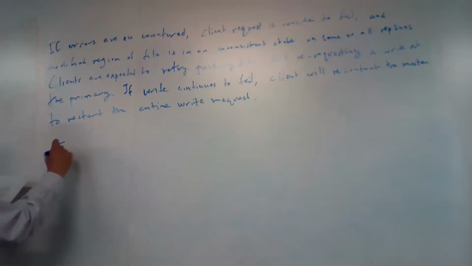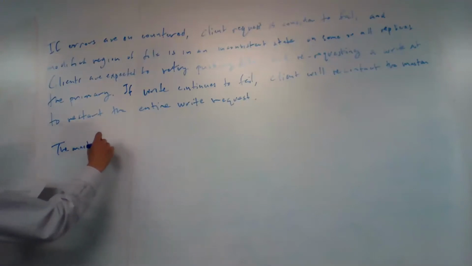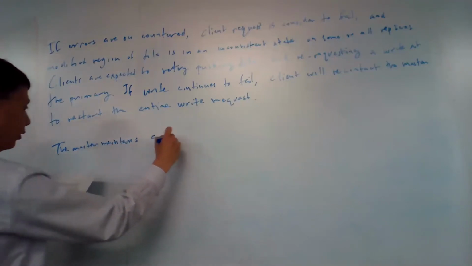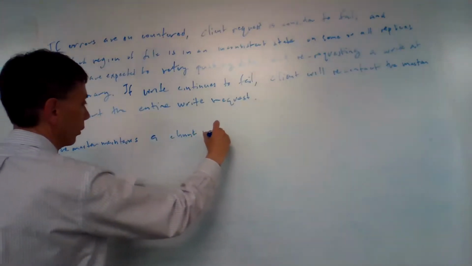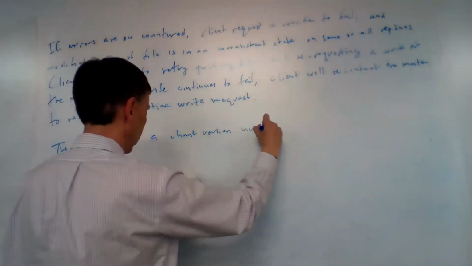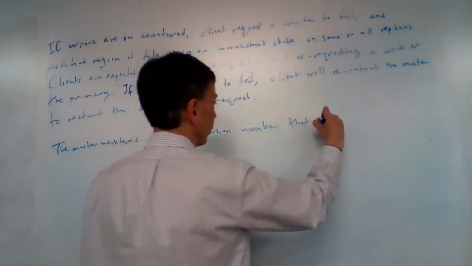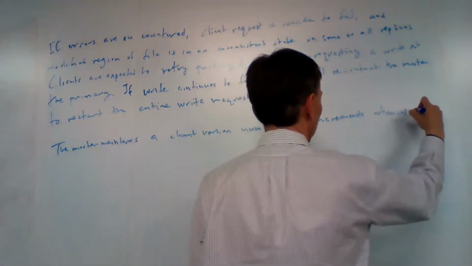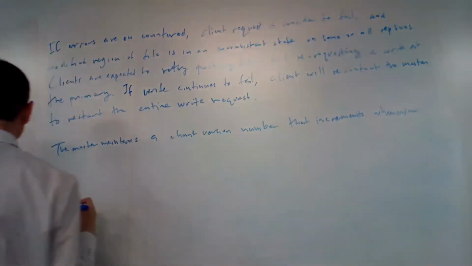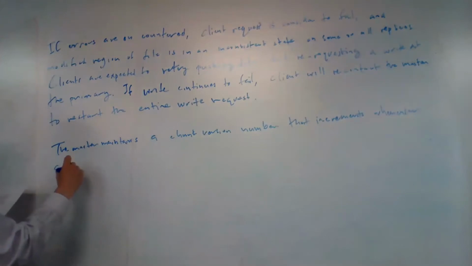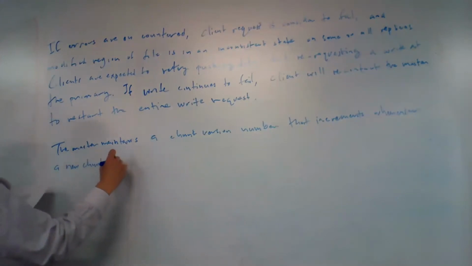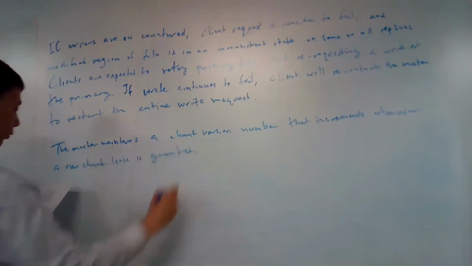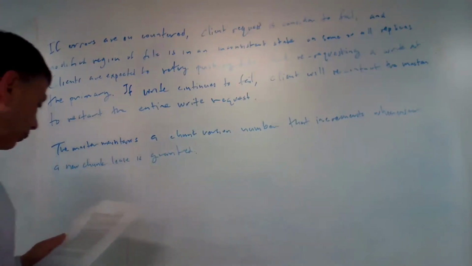And so the master maintains what's called a chunk version number. It increments whenever a new chunk lease is granted. Okay. So every time a chunk lease is granted, the version number bumps up by 1.